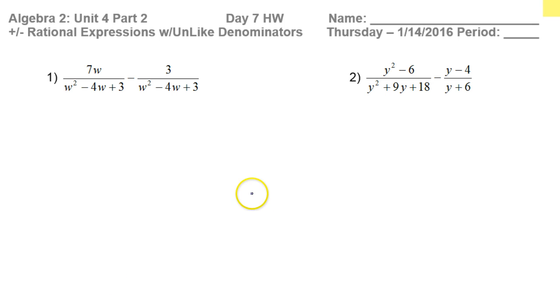In this video, we will learn to add and subtract rational expressions that do not necessarily have the same denominator. So when I use this phrase rational expressions, that refers to fractions that can have polynomials in the numerator or the denominator.